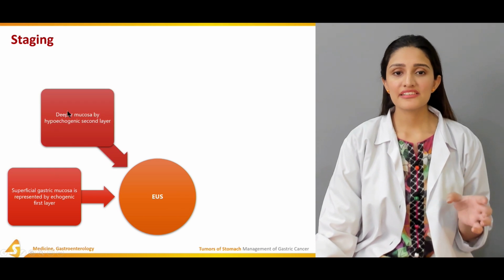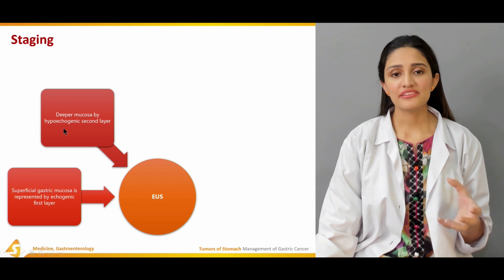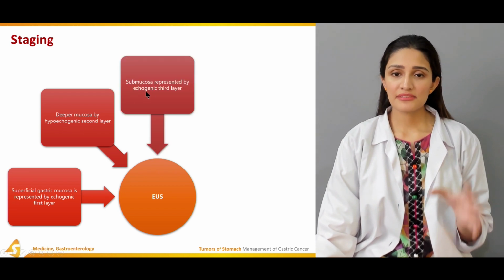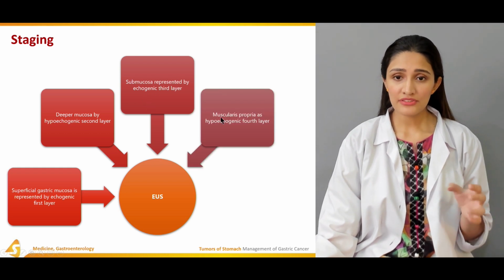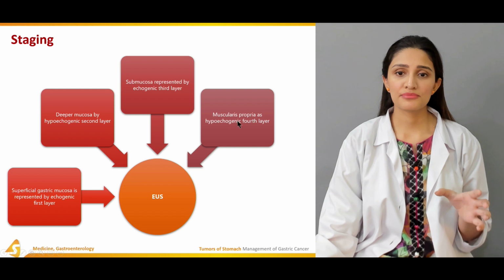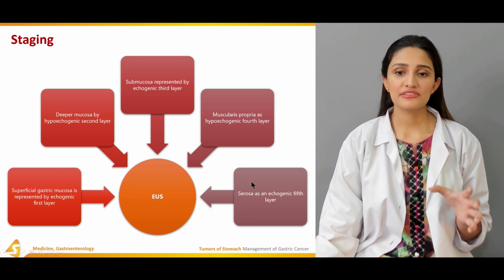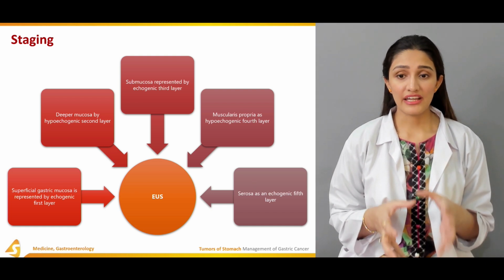The second layer is the deeper mucosa, which is represented as a hypoechoic second layer. Third being the submucosa, which presents as an echogenic third layer. Fourth, the muscularis propria as a hypoechoic layer. And lastly, the serosa, which is represented as an echogenic layer.